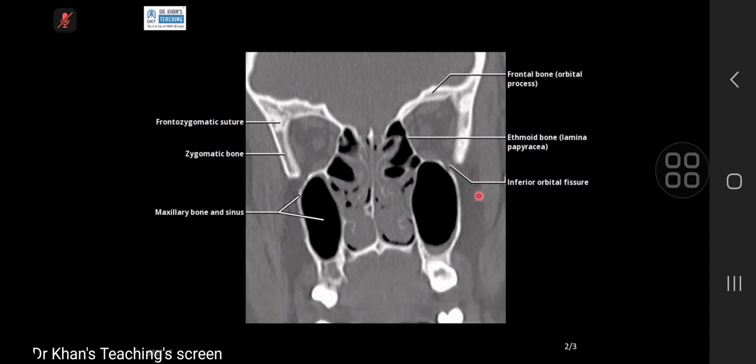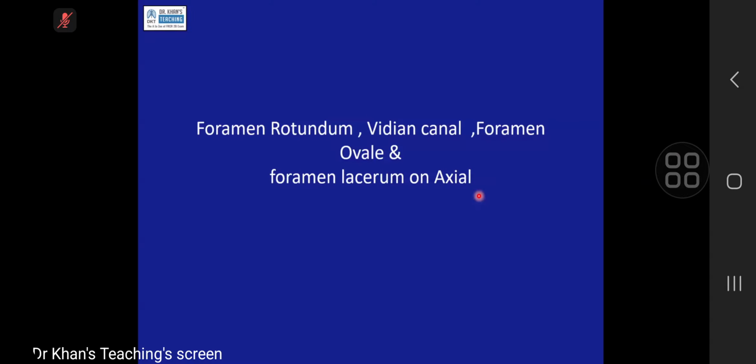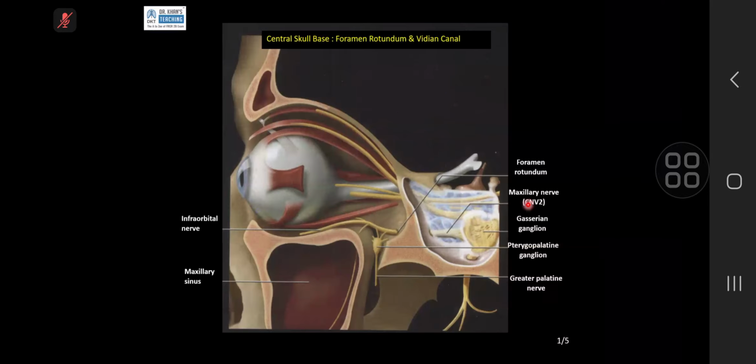So these are the three foramina. Till now, other than the overview, we have learned the three foramina of the orbit. Now let's learn the foramen rotundum, Vidian canal, ovale, and lacerum on axial, and then coronal.